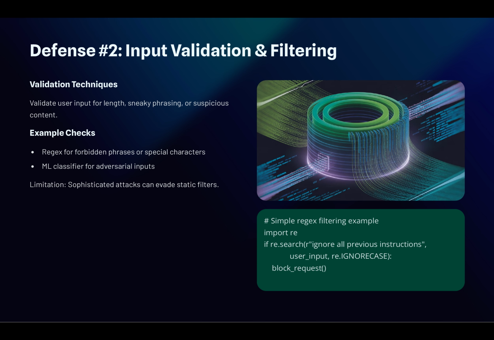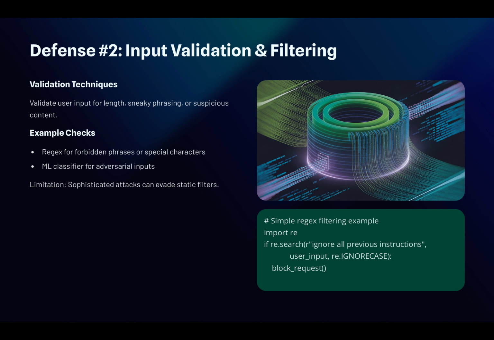The second defense centers on input validation and filtering. Here, the focus is on proactively checking user input before it reaches the language model. This process involves validating inputs for issues such as excessive length or suspicious adversarial phrasing. For example, you can use regular expressions to detect forbidden phrases or characters that commonly appear in prompt injection attacks.